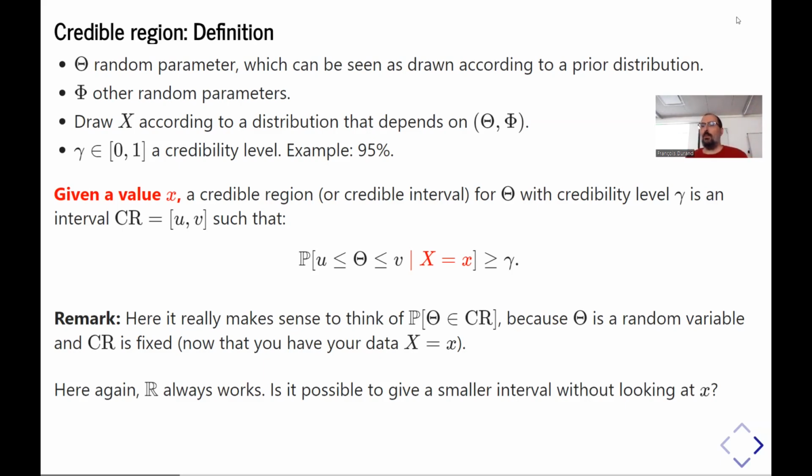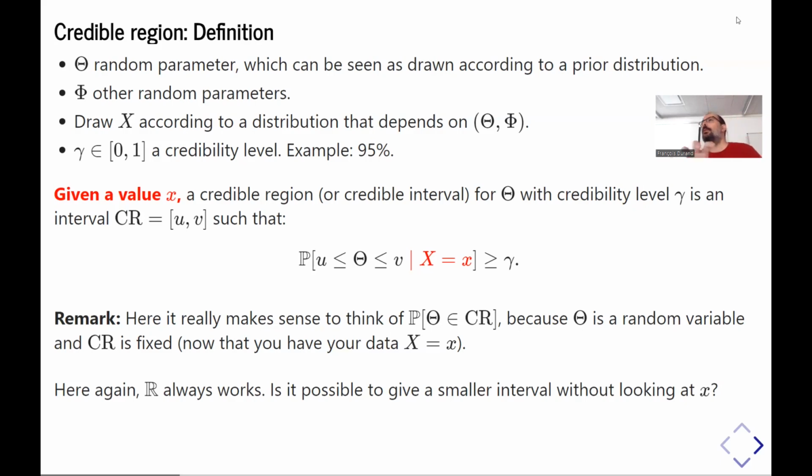And then you suppose that the value x is fixed, which is typically the situation in which you are once you have drawn your data, once you have acquired your data. And then a credible region or a credible interval for theta with credibility level gamma is an interval UV such that the posterior probability that theta is in the interval is at least gamma.